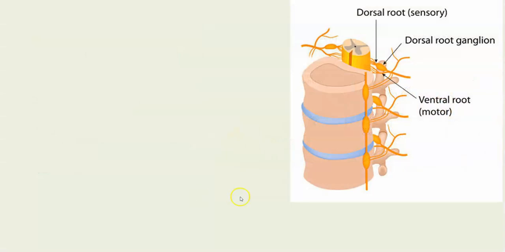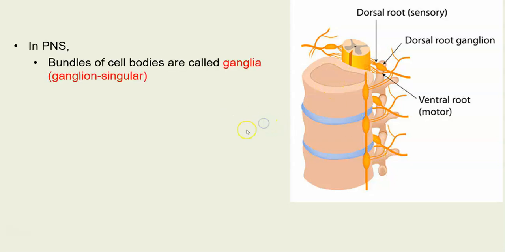All right, so in the peripheral nervous system, we're not talking about inside the spinal cord, but surrounding the spinal cord. Inside would be central. We're going to see some bundles of cell bodies, and we'll be looking at this. Anytime cell bodies come together here, they form what's called a ganglia.